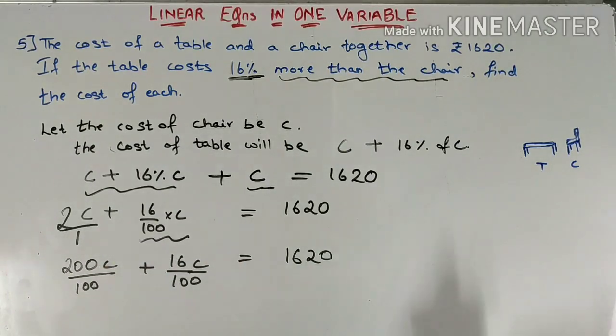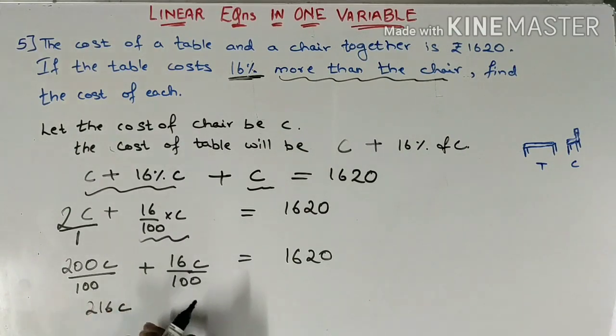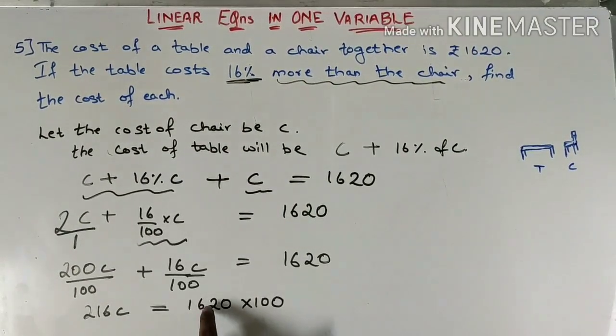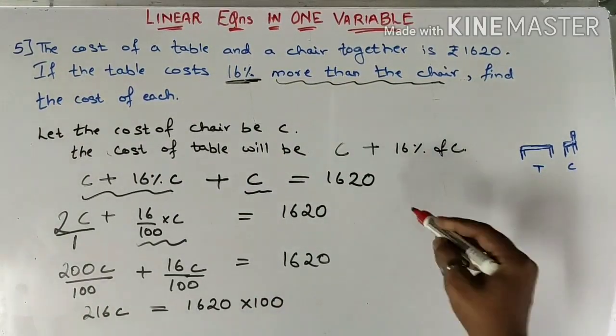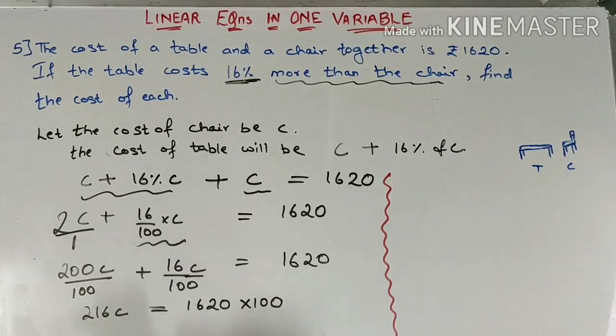Yes. So my next equation will be 216C, and this 100 when merged is divided on the left hand side, so it will be multiplied on the other side. So we have 216C is equal to 1620 multiplied by 100. In the next step, we'll take this 216 also on the other side.